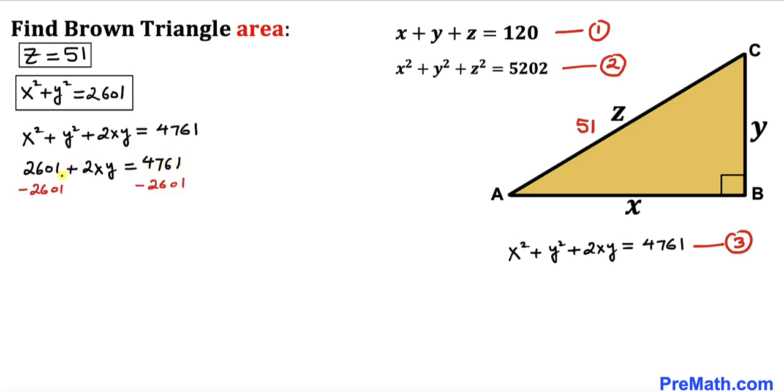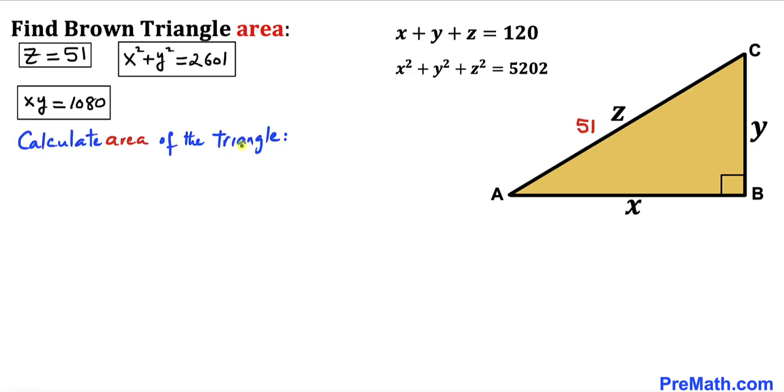Now let's subtract 2601 from both sides. This is gone. So our 2 times XY value turns out to be 2160. Now let's divide both sides by 2. So our X times Y value turns out to be 1080.